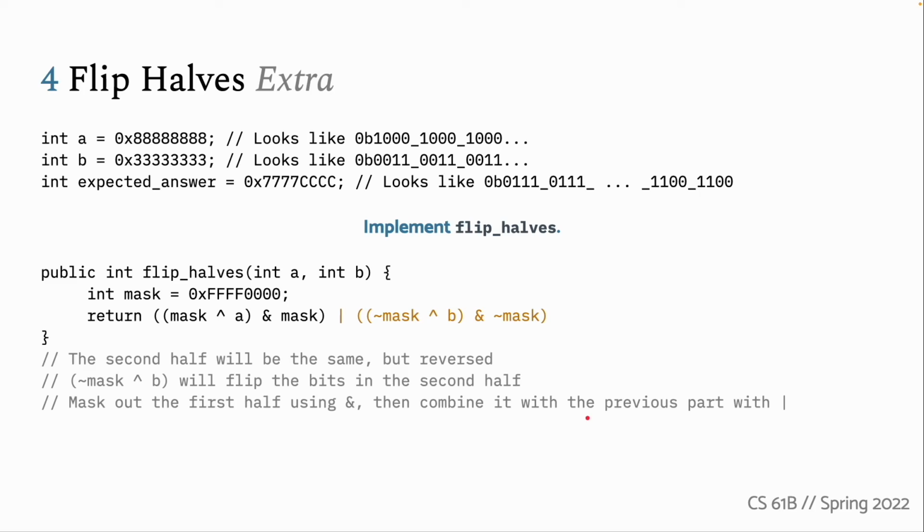And then we combine it with the previous part with an OR. This way, we know that the second half of the first part is going to be all 0s, and the first half of this part is going to be all 0s. So when we do OR, it'll basically just combine these perfectly. If you're confused about that, try writing out a simple example.